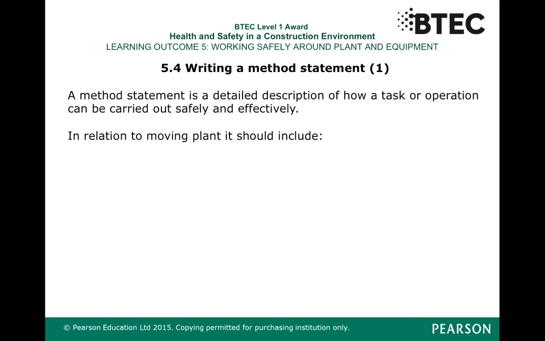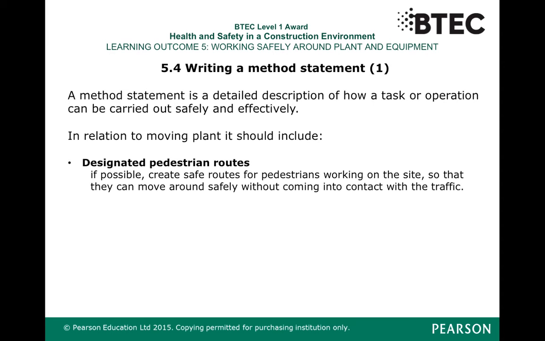Okay, in relation to moving plant, it should include designated pedestrian routes. So if possible, do create safe routes for pedestrians working on the site, so that they can move around safely without coming into contact with traffic.